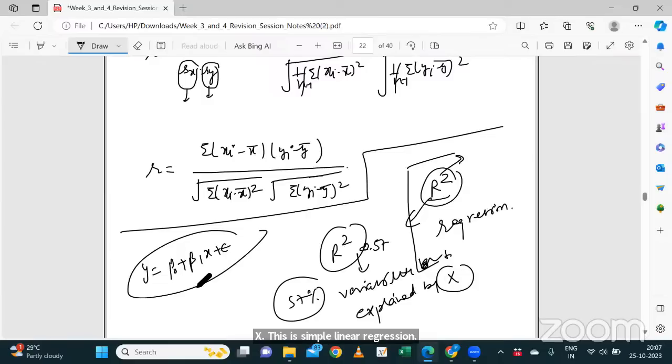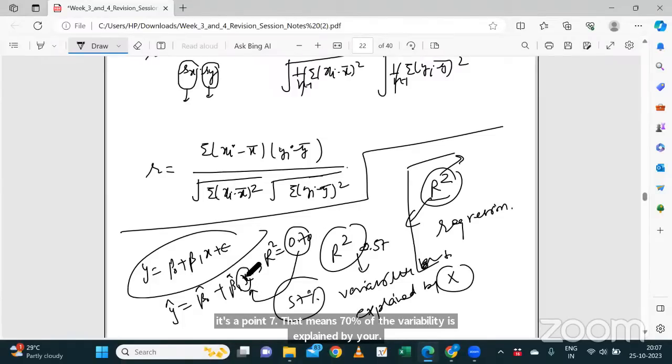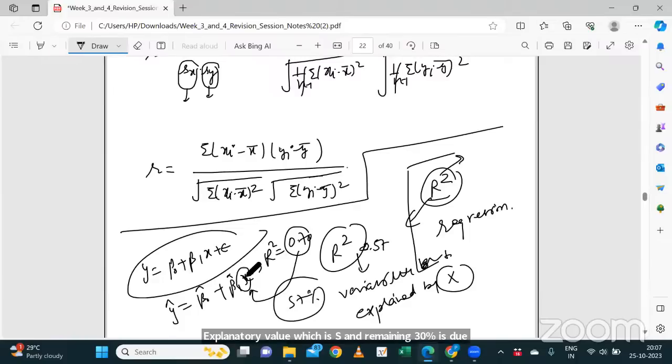Suppose you fit the line, you will get estimates of beta naught and beta 1. Suppose you get R square, let's say 0.70. That means 70% of the variability is explained by your explanatory variable, which is x, and the remaining 30% is due to error, something else. So R square just represents the variability in your data set.